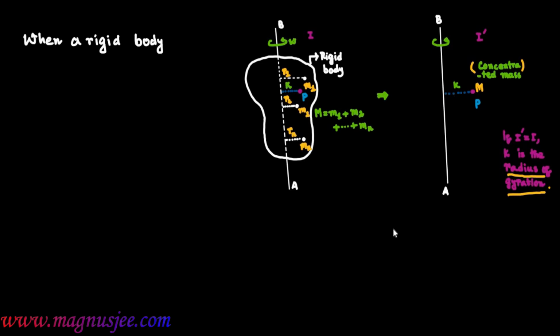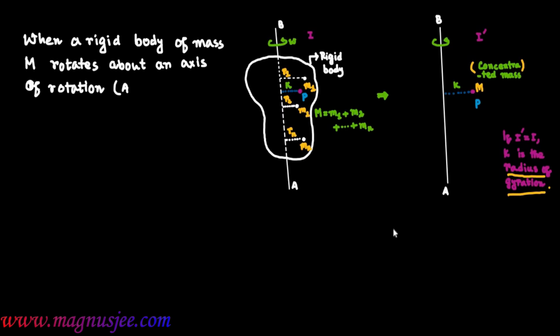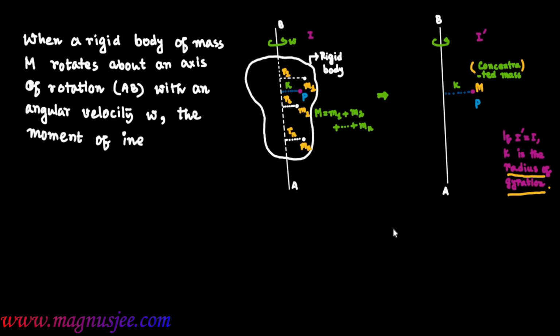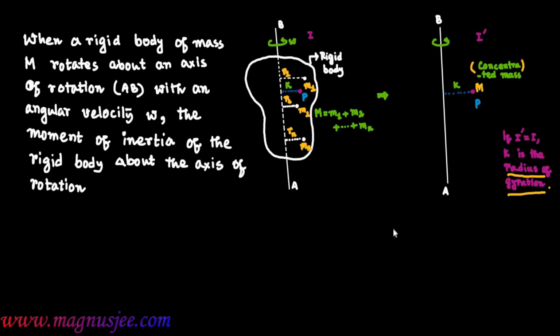When a rigid body of mass capital M rotates about an axis of rotation AB with an angular velocity omega, the moment of inertia of the rigid body about the axis of rotation AB will be I equals the sum of moments of inertia of its constituent particles.